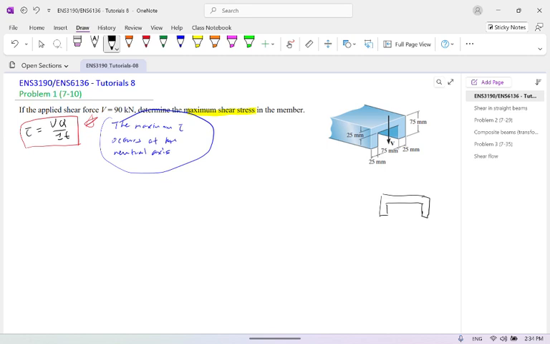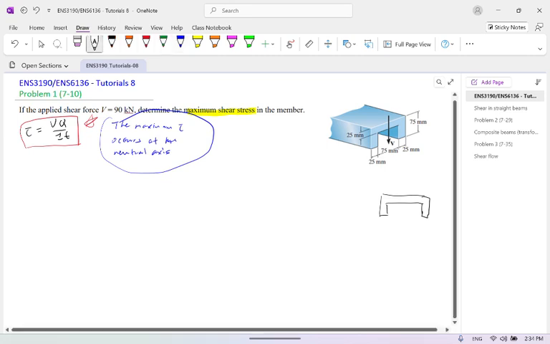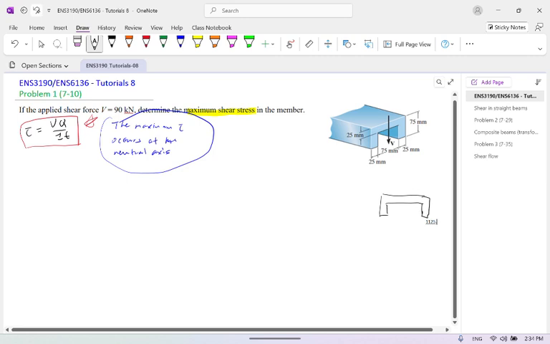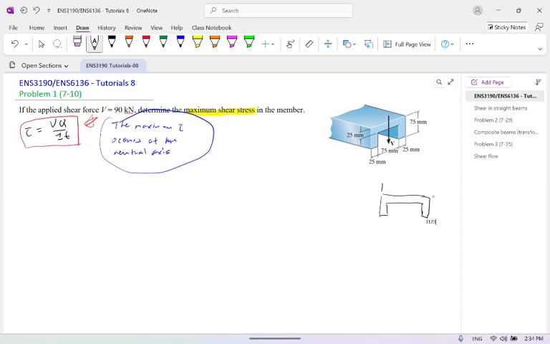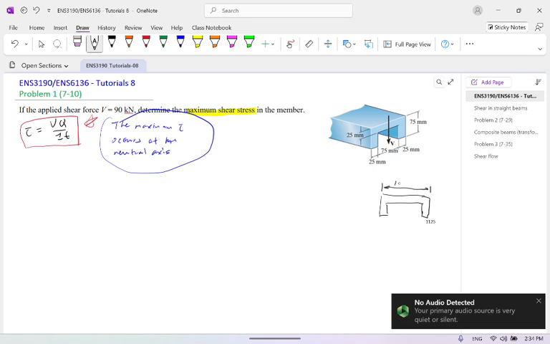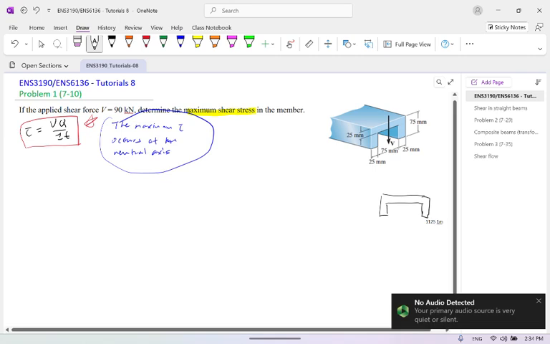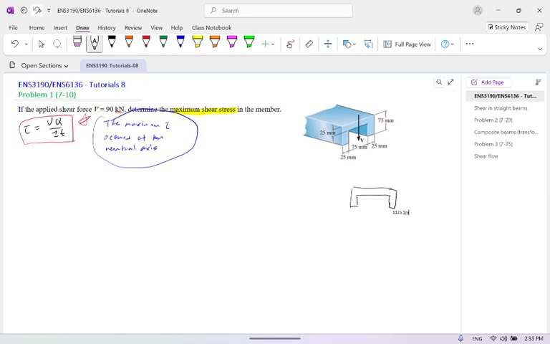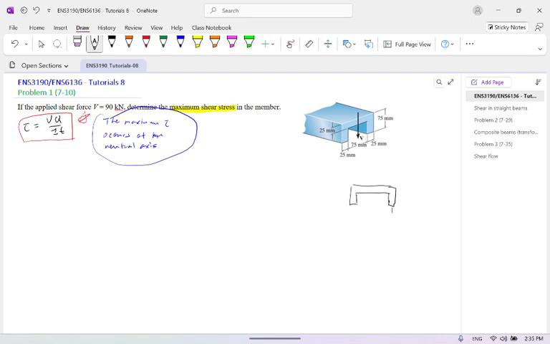You will see this structure is 25, 75, 25, so the total here is 125 millimeters.